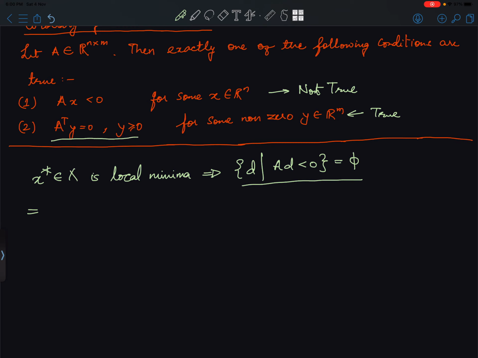Okay, so this means that my A transpose y equals 0 and y is greater than or equal to 0 for some non-zero y.